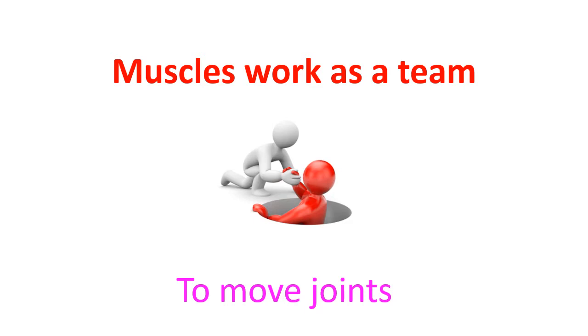When we say muscles work as a group, the group must coordinate with each other. Coordination between a group of people forms a team. This team is going to move joints. Now, what do we need to understand the muscular system?